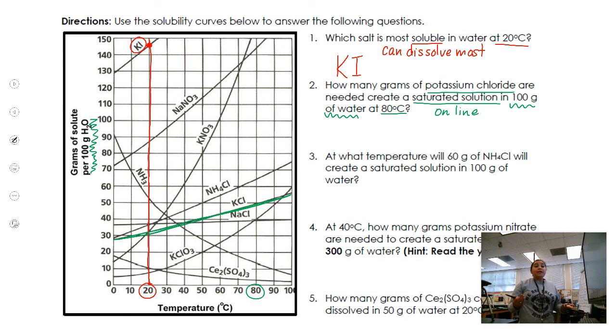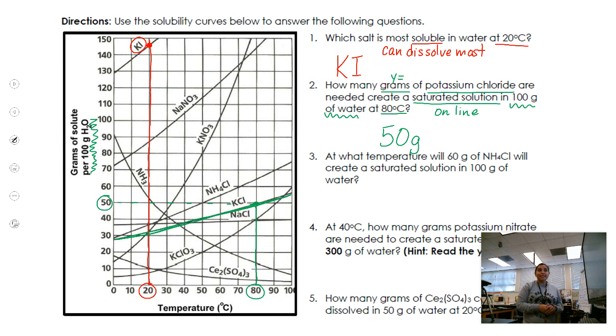So then it says, how many grams of this can I dissolve? If it's asking for how many grams, that's something along the y-axis. So let's go ahead and make our point. We're going to go to 80 degrees, go up to the line for KCl, and then move over to the y-axis. And that would be 50 grams.